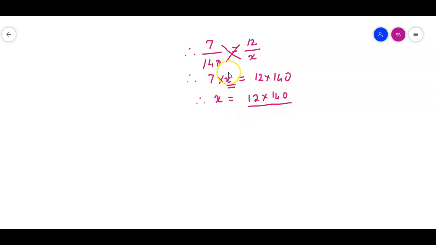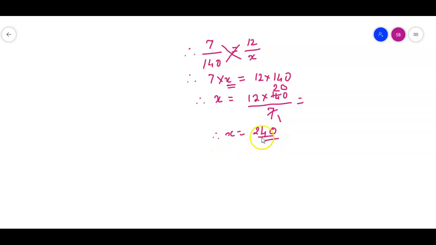This 7 which is along with X, we are going to divide here, because when we change the side of 7X it will be divided. 7 ones are 7, 7 twos are 14, and this 0 we will take here. So X is equal to 12 into 2 is 24, and this 0 we will take over here. So X is equal to 240.